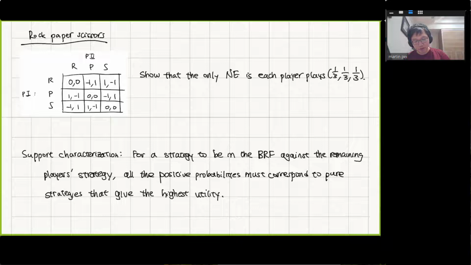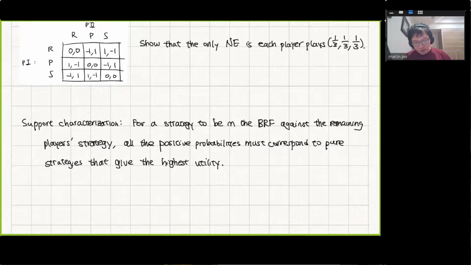So that is support characterization, and this can be used to prove that some Nash equilibrium is not possible.